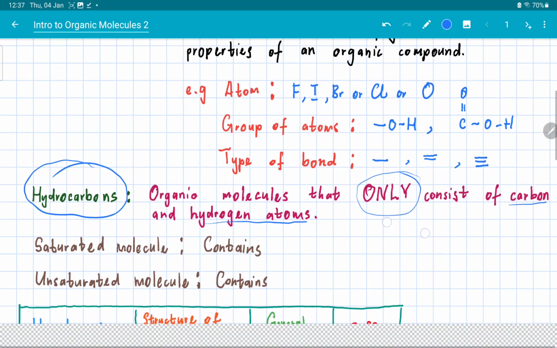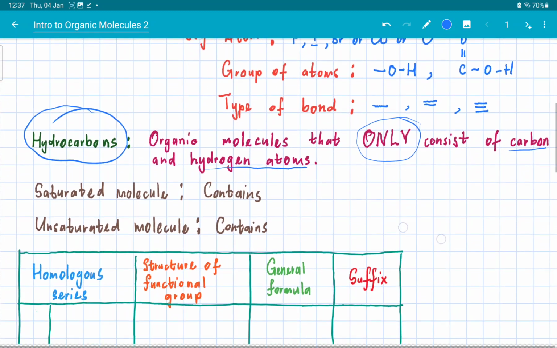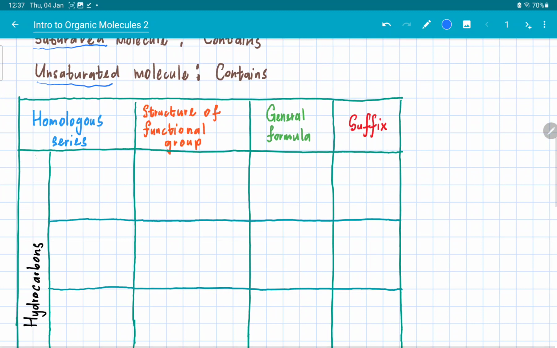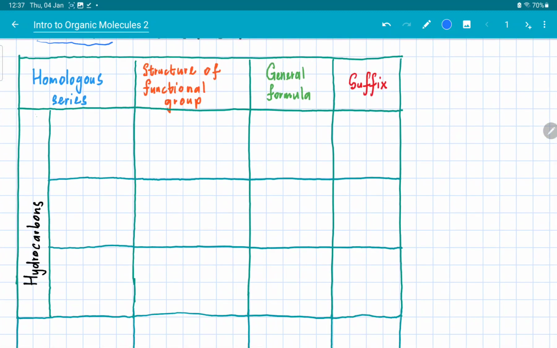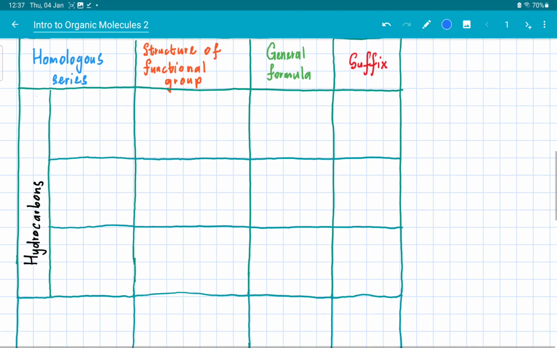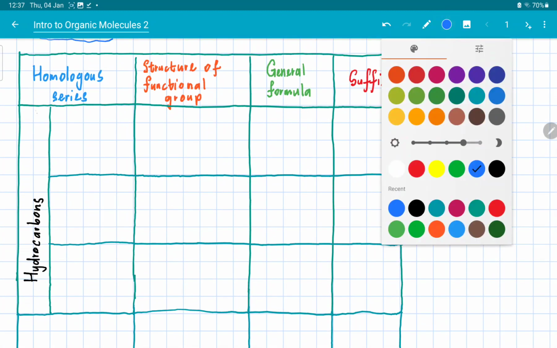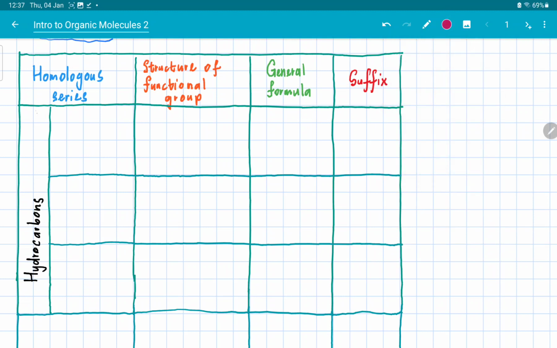Before we tackle saturated and unsaturated, let's look at this table so that I can give examples of what I just said. At the top of the table we have the homologous series. So I'm going to fill in the homologous series that we'll be dealing with. These are alkanes.